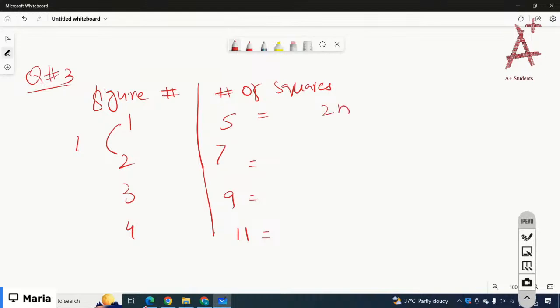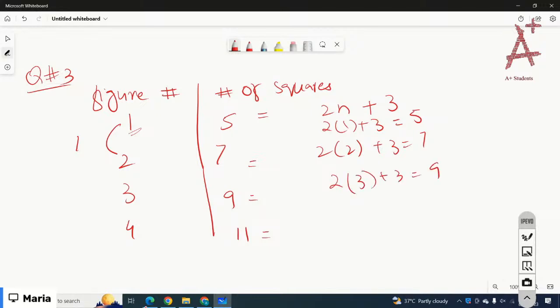It would be 2n plus 3. You can see for n equals 1, 2 times 1 is 2 and 2 plus 3 is 5. For n equals 2, 2 times 2 is 4, 4 plus 3 is 7, isn't it? 2 times 3 is 6 and 6 plus 3 is 9. 2 times 4 is 8 and 8 plus 3 is 11. So it would be 2n plus 3, right?